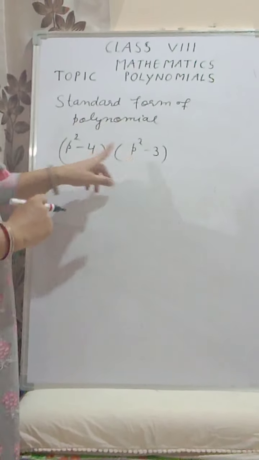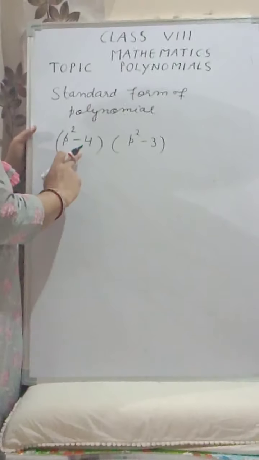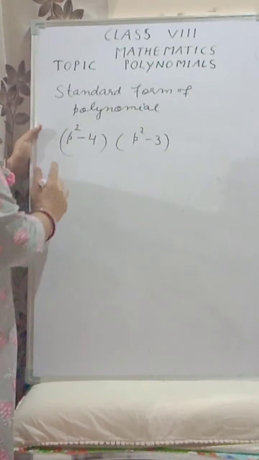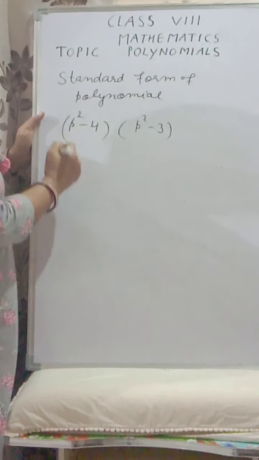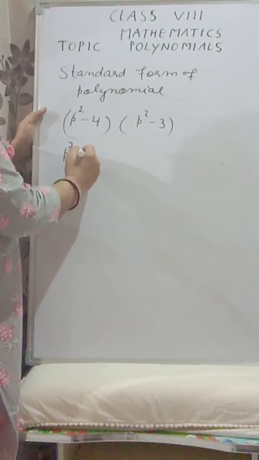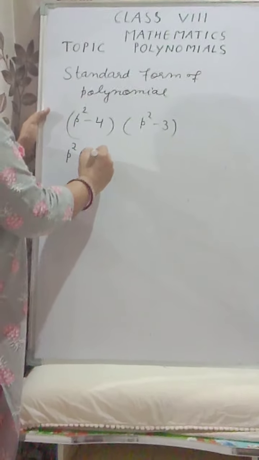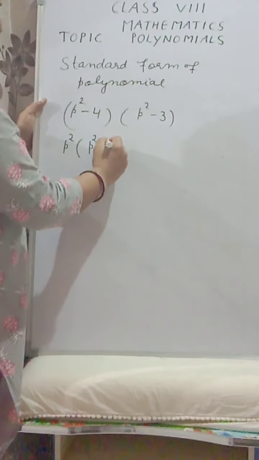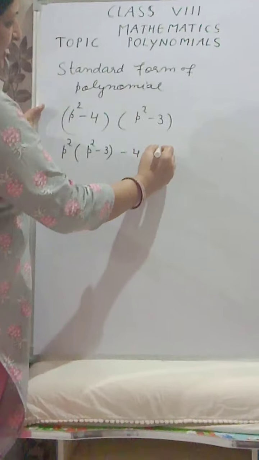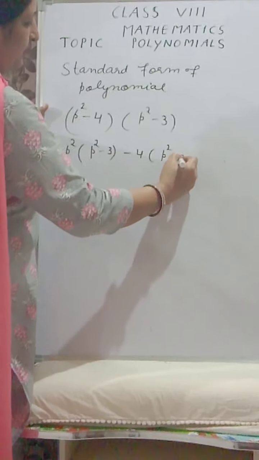To write this product in standard form, first of all you will find out the product of binomial with binomial. First term of this binomial p raised to power 2, we will multiply with p raised to power 2 minus 3. Second term minus 4, we will multiply with the second binomial.